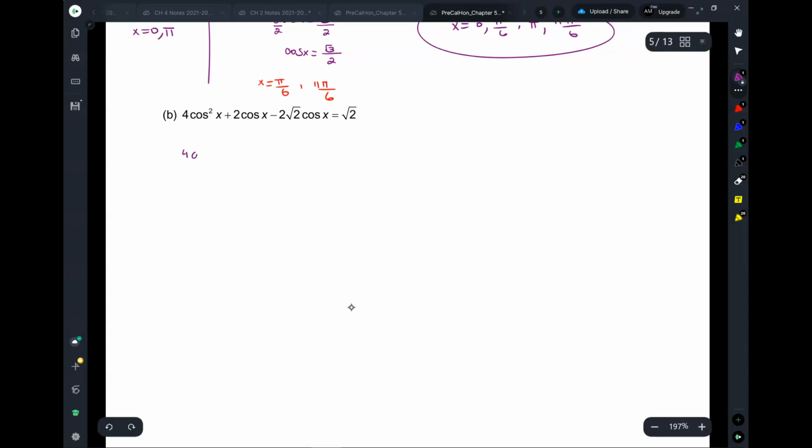So I get 4 cosine squared x plus 2 cosine x minus 2 root 2 cosine x minus root 2 equal to 0. Okay. Now, how many terms do you have here? 4. When you have 4 terms, what I want you to do is factor by grouping.